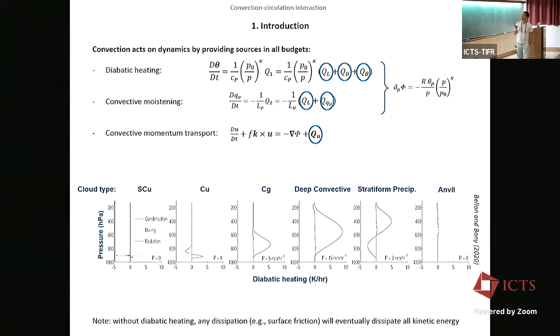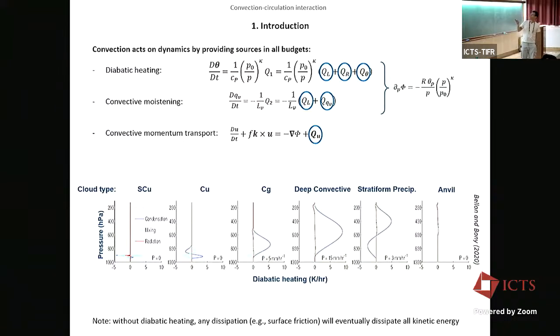Same for the terms in the moisture budget, where you'll have the condensation again, and then the vertical mixing by small scales, and some of these motions are convective. And then even in the momentum budget itself, we're going to have also mixing, and the convective momentum transport has been shown to be quite significant in some cases.